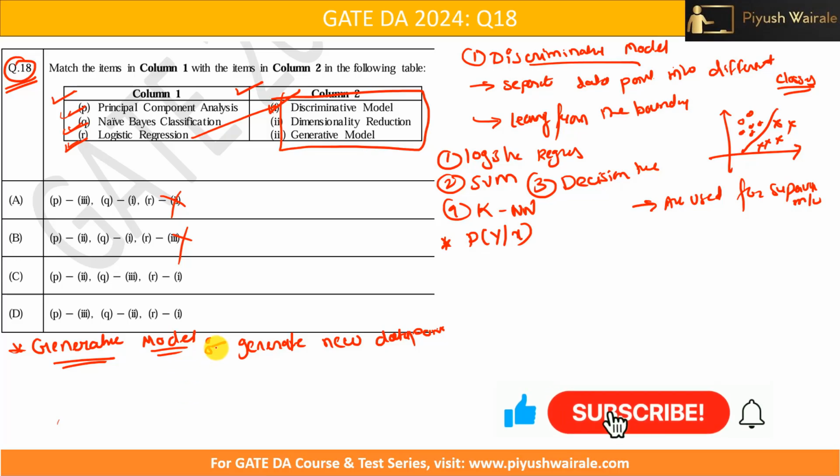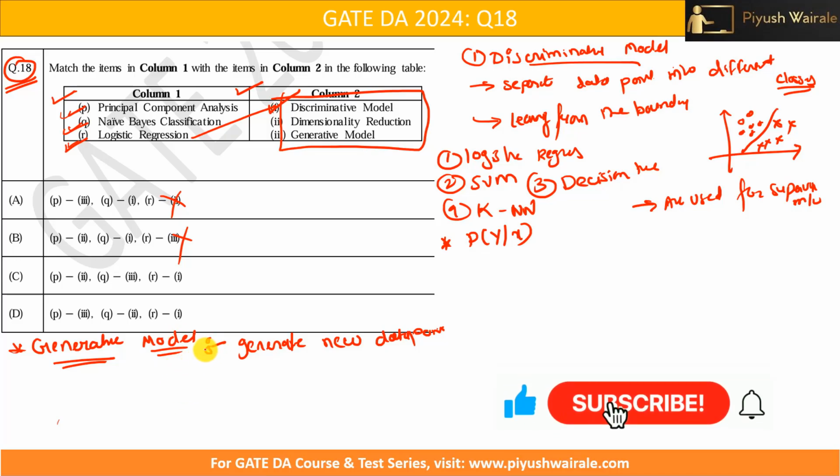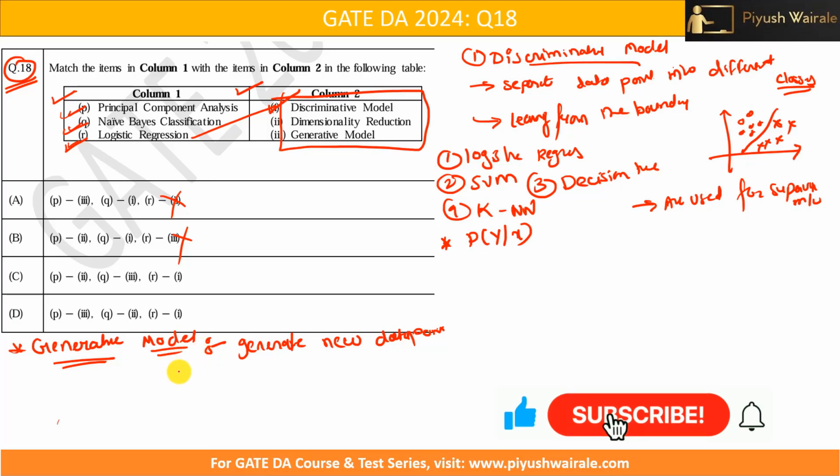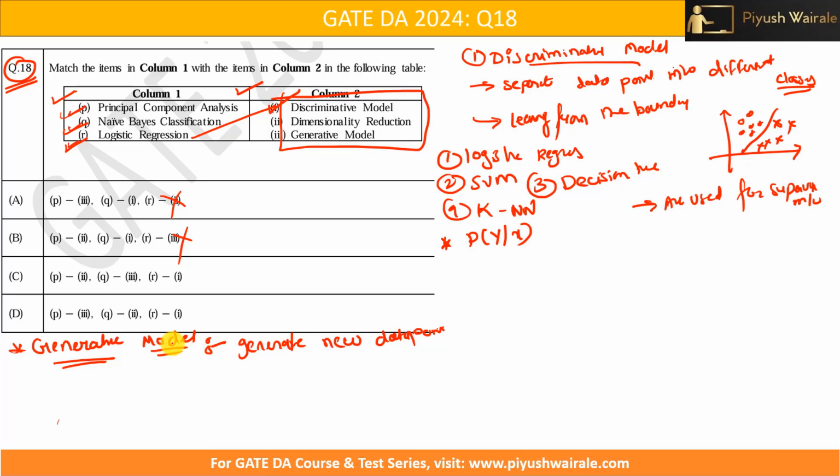Suppose I have a data set and I give the data as input to this machine learning model. It will learn from that actual data. It will find the pattern or distribution of that data and learn from the different data points.